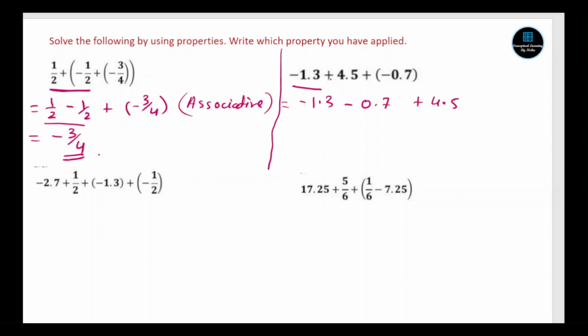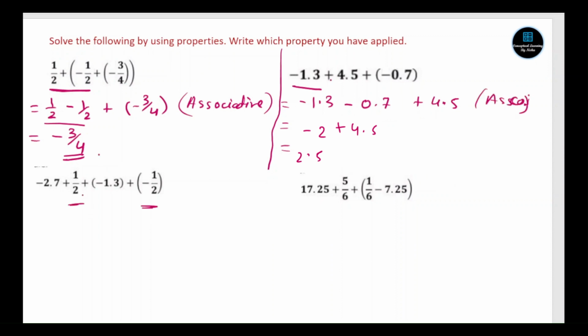Write the sign which is just in front of the number. So here we'll get negative 2 plus 4.5. We applied the associative property. Please write everything, which property we applied, and we'll get 2.5.